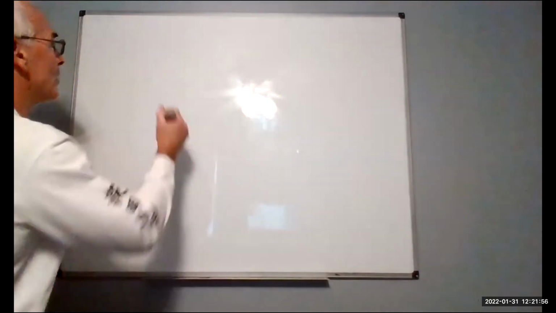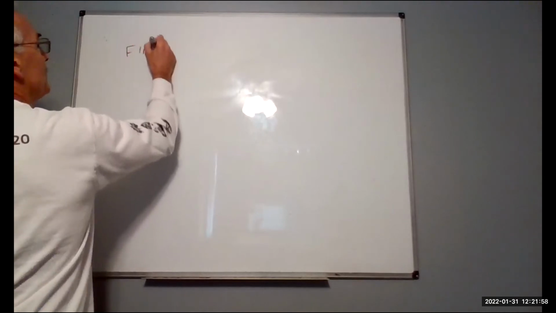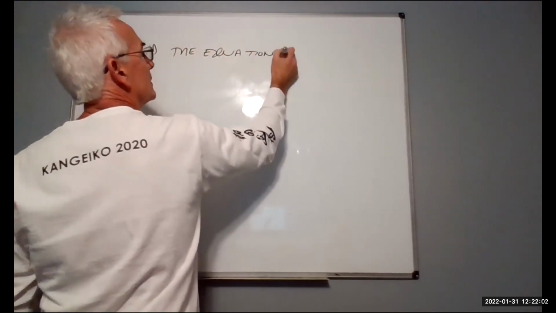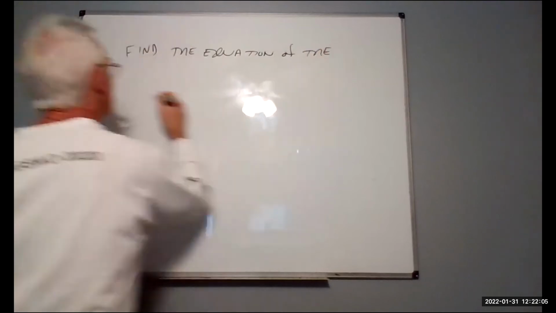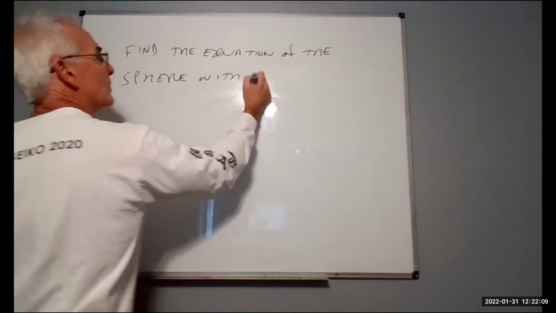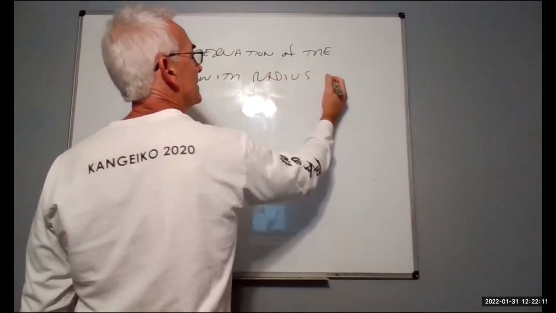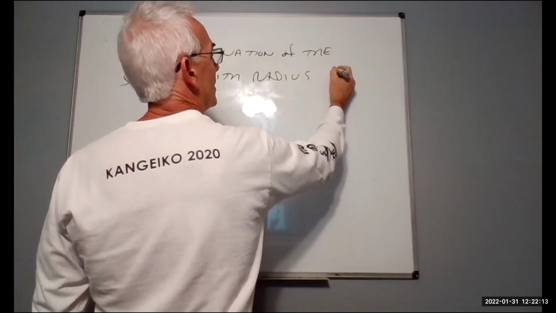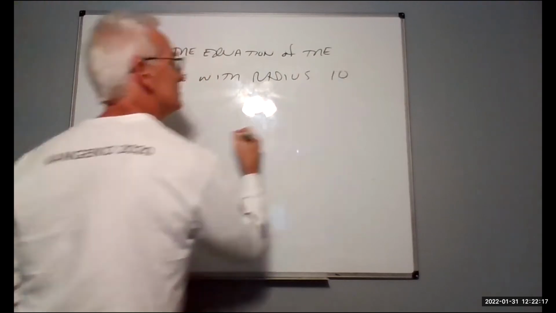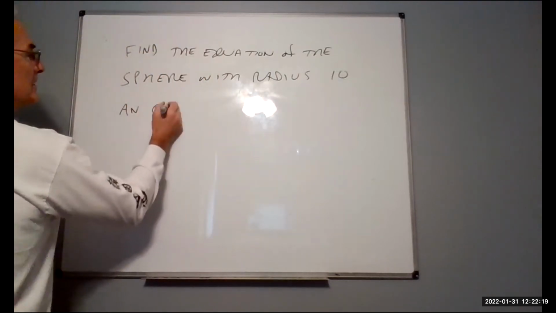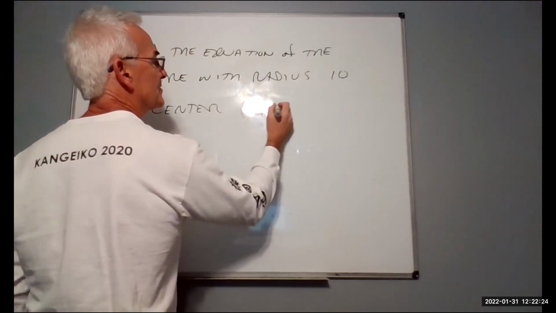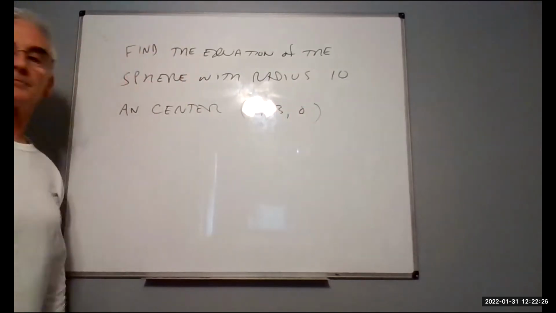Okay, let's suppose I want to find the equation of the sphere with radius, we'll keep it simple, radius 10 and center 6, -3, 0.